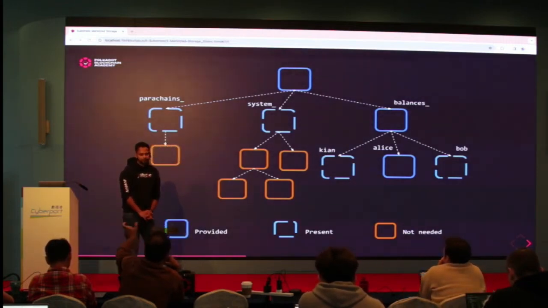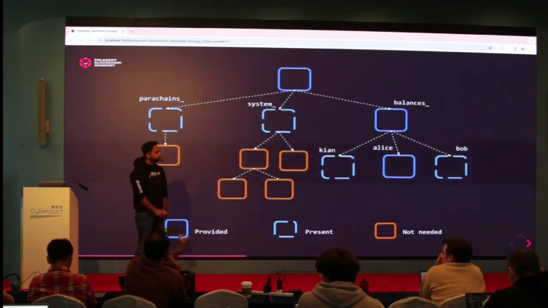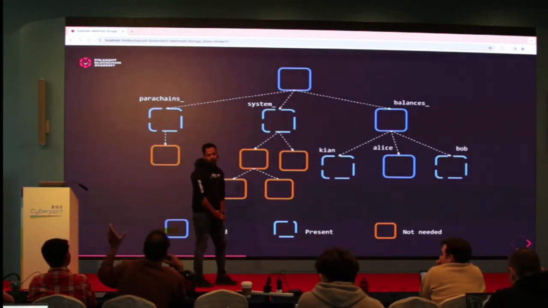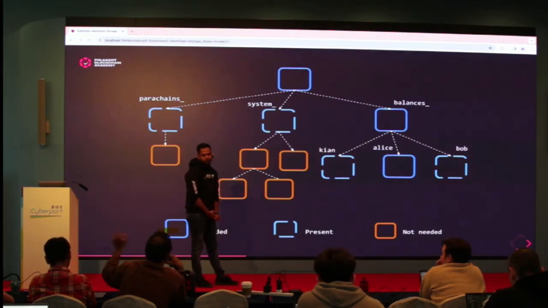Now, when we are verifying Alice's balance and navigate the tree, the balances node has a single hash, which is the hash of all these three. The state root she has is the same as the one at the top.